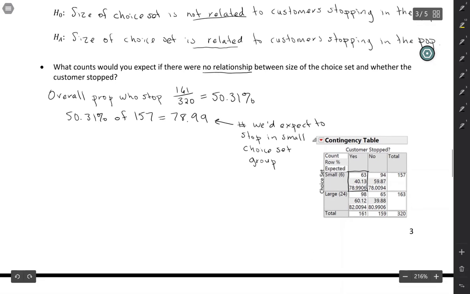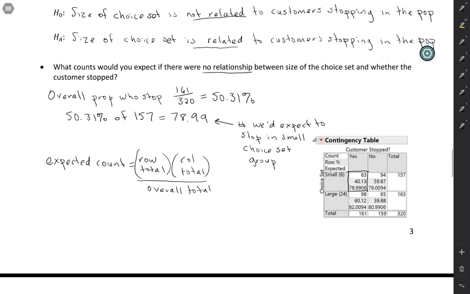So you can reason it out that way, but there's also a formula for the expected counts. To get the expected count, we can take the row total and multiply it by the column total and divide that by the overall total. So let's find those numbers here. Again, if we're talking about the number who stopped in the small group, we would be taking the row total times the column total divided by the overall total.